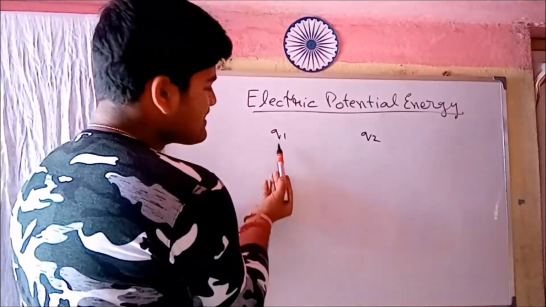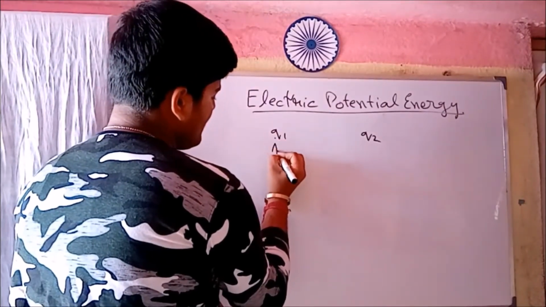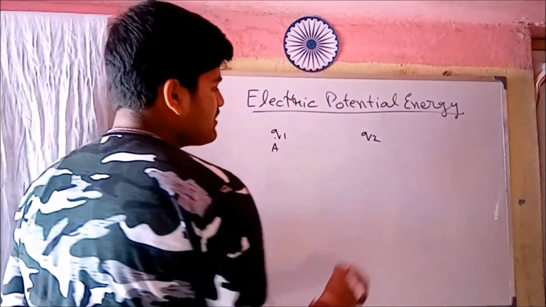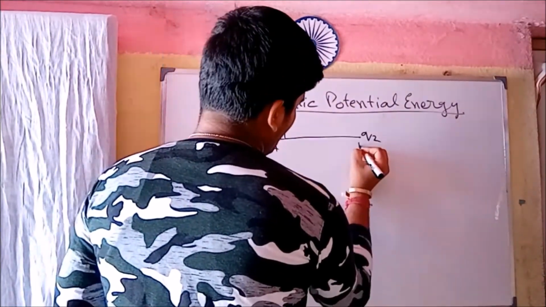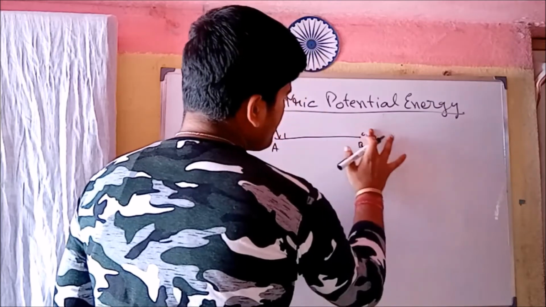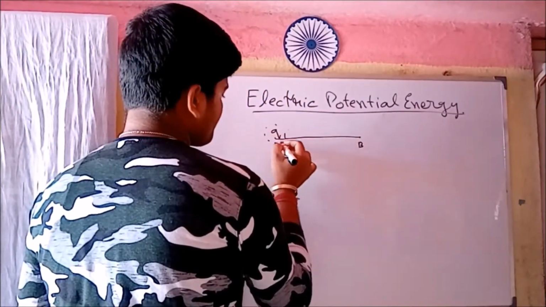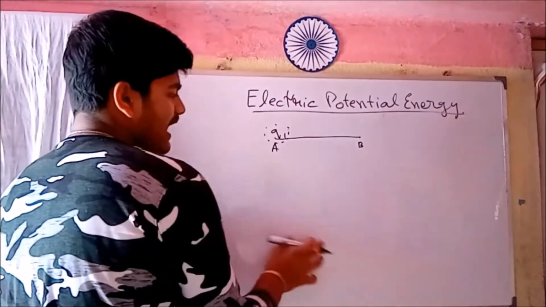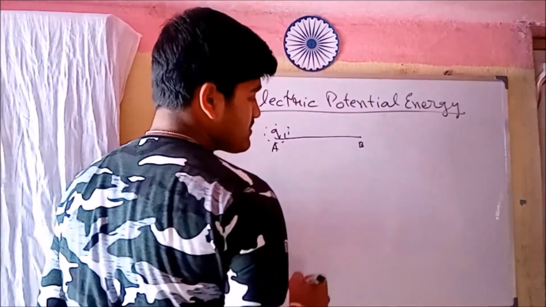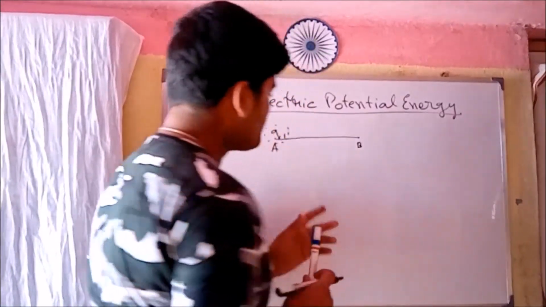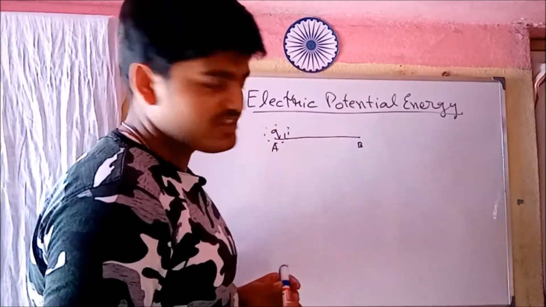Let us fix the charge Q1 at a point A, and the point where Q2 is present is B. Let the charge Q2 be unfixed.